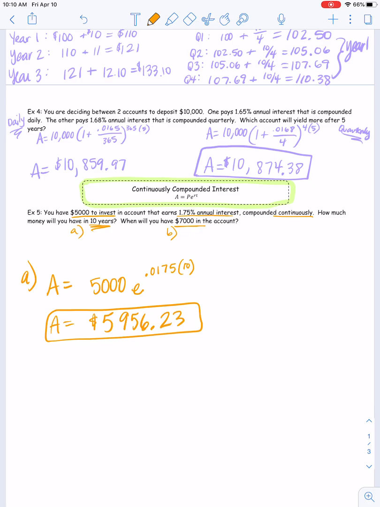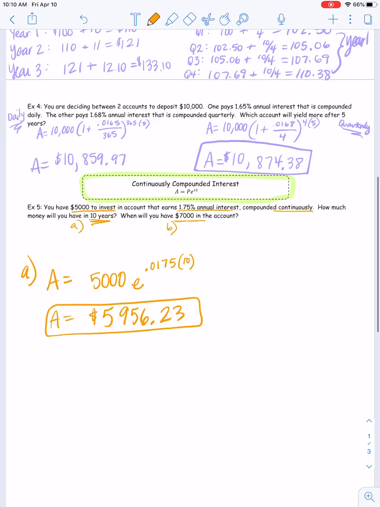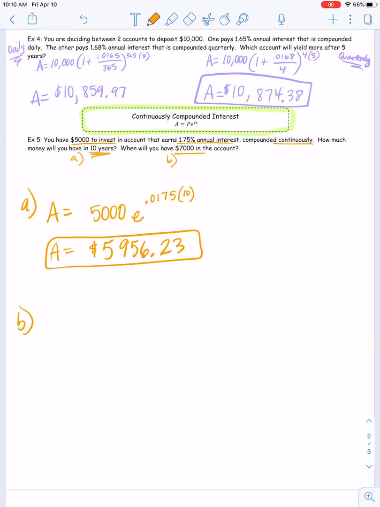Okay. The second question is, when will you have $7,000 in the account? So this is asking a little bit of a different question. Now we know our final amount is $7,000. Our principal is still the 5,000, e raised to the rate 0.0175 times t.